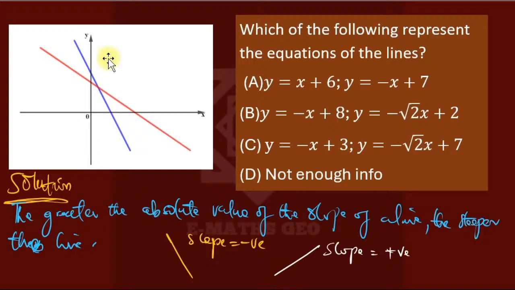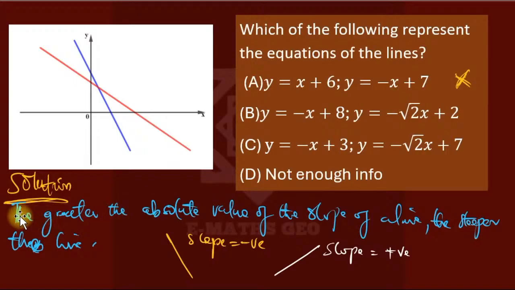With this knowledge, we see that the slopes of the two lines must be negative, so option A is out. Remember, slope is the coefficient of x if we make y the subject of the formula. Here the coefficient of x is positive, so it's out.